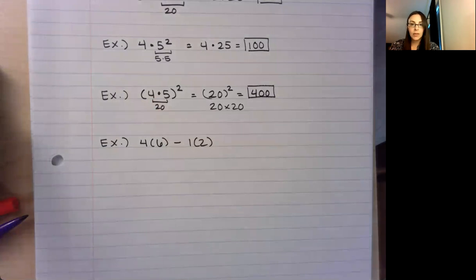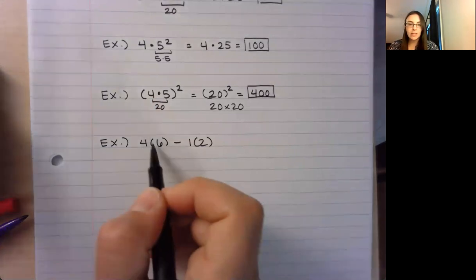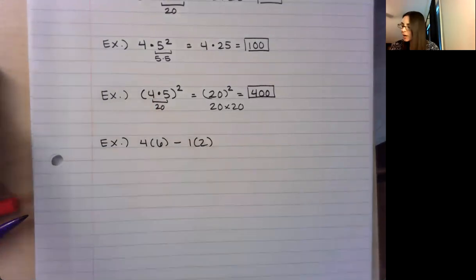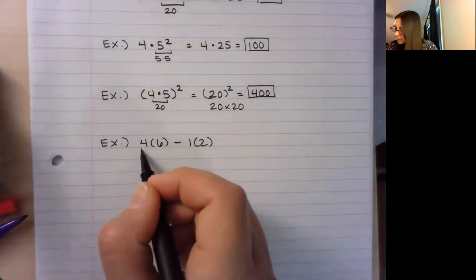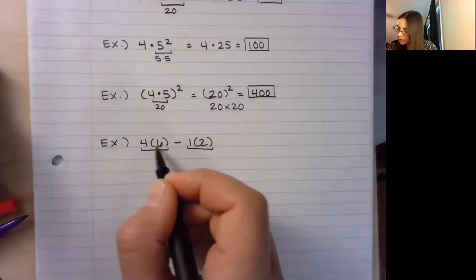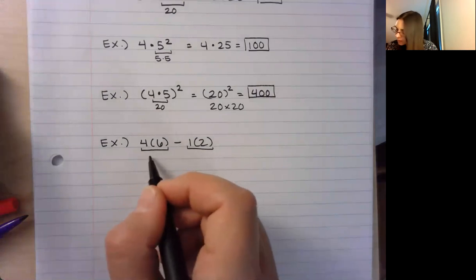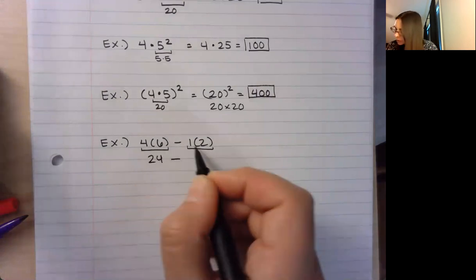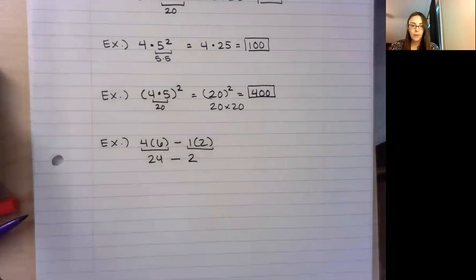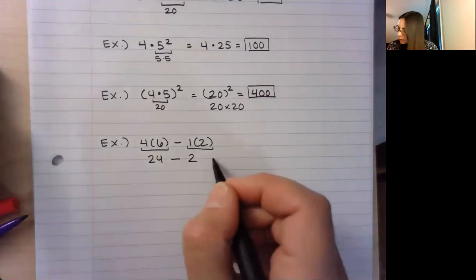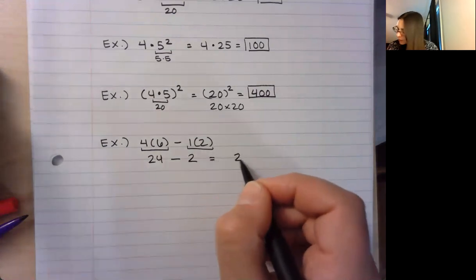When we're talking about grouping symbols, we mean inside the grouping symbols. So here, there's nothing inside the parentheses. They just mean multiplication. So I have multiplication, I have subtraction. I have to multiply first. So 4 times 6 is 24. 1 times 2 is 2. Now I can do my subtraction. 24 minus 2 is 22.